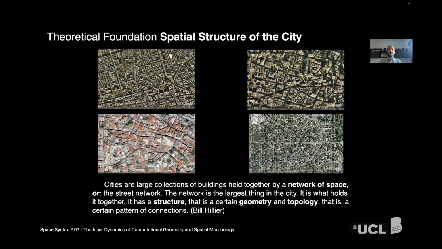The network is the largest thing in the city and is what holds the city together. And of course, it has a structure, it has a certain geometry, a topology, and a certain pattern of connections. These are probably the sentences that describe everything I do in a way, and what you'll see in a couple of slides down the road.